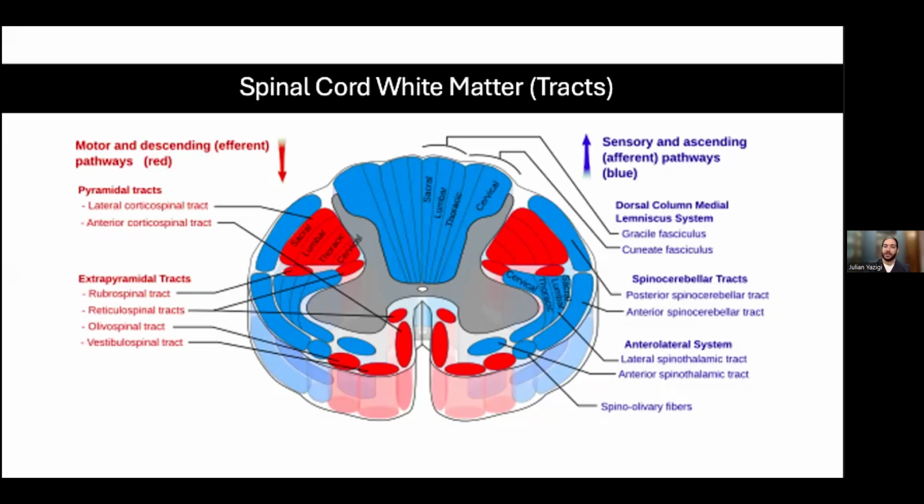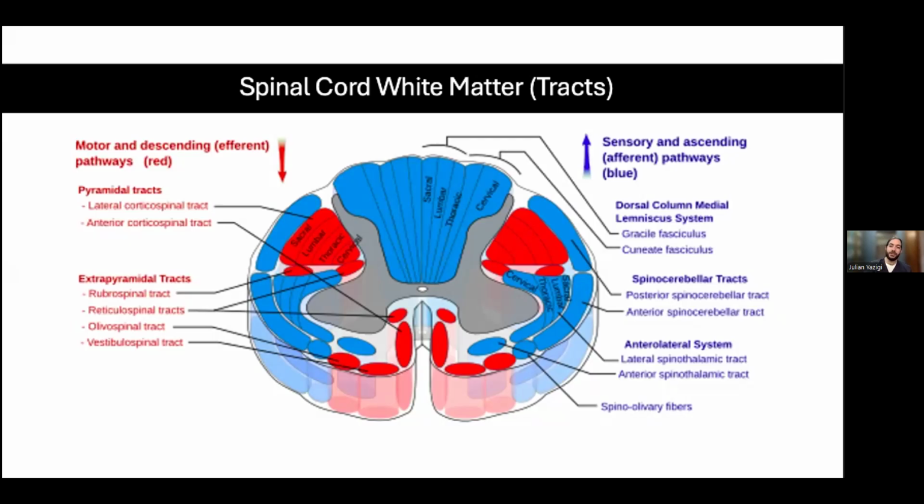Once crossed, they ascend contralaterally towards the thalamus. This organizational difference is clinically important, as lesions affecting the dorsal columns cause ipsilateral loss of vibration and proprioception, whereas lesions affecting the spinothalamic fibers produce contralateral deficits in pain and temperature.